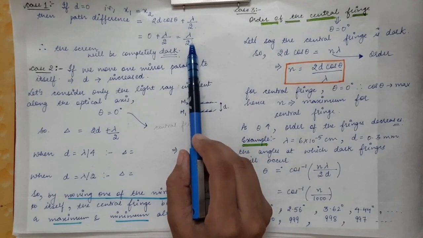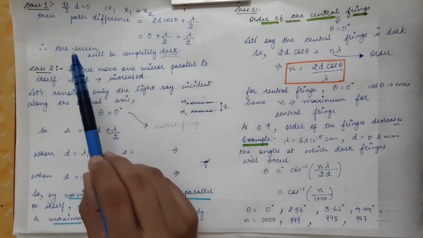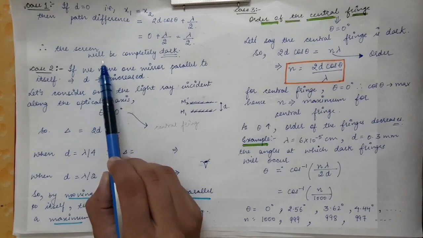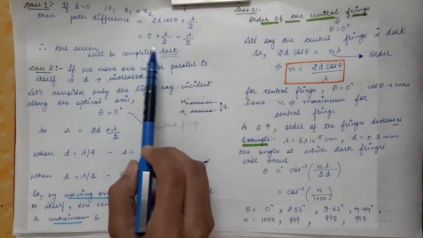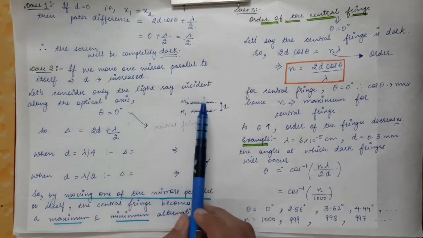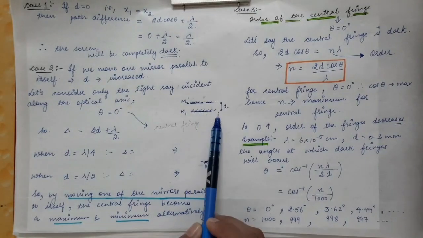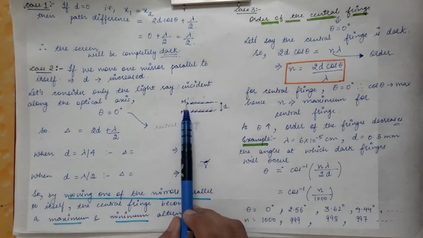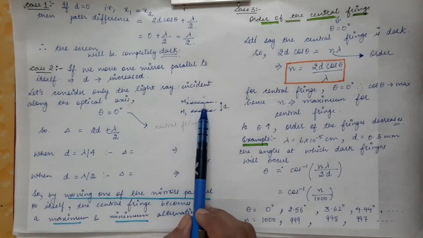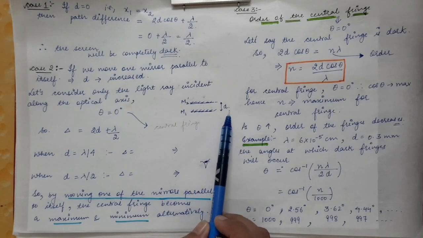So this is the reason why the whole screen appears completely dark when the distance between the two mirrors, the mirror M1 and the image of mirror M2 which is M2 prime, is equal to 0.